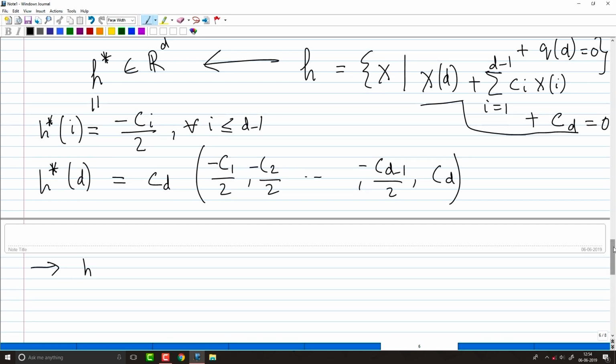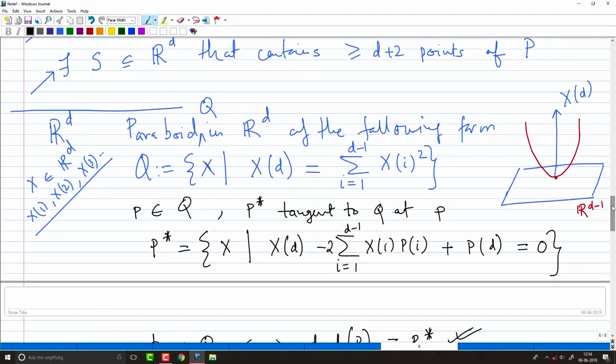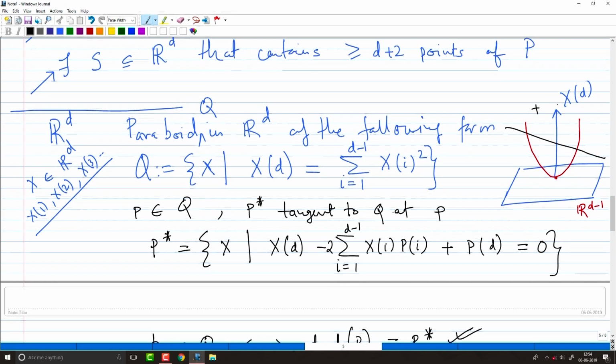By the way, one more thing, just as a picture thing. The hyperplanes will be like this, right? I mean, non-vertical ones. H star will be on this side. The way we have defined it, since we have taken the coefficient of xd to be 1, when I put xd equal to infinity and keep everything else 0, you should get a positive value.